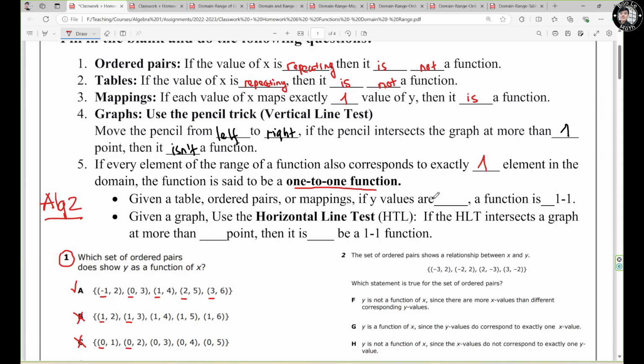If y values are repeating, a function is not one-to-one. Given a graph, we're going to use a horizontal line test. If the horizontal line intersects a graph at more than 1 point, then it is not a one-to-one function.